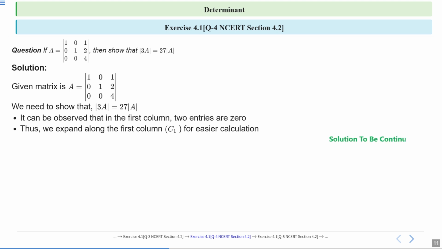So it is easier to take that column or row in such a way where the minimum number of non-zero entries are present. Okay.